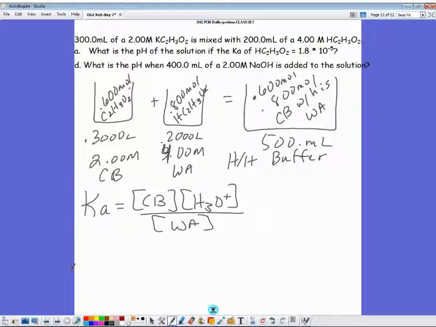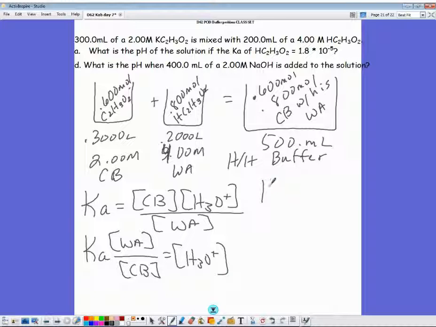Is that the Ka expression for any weak acid dissociating in water? It is. And if I rearrange it, I end up getting Ka times weak acid over conjugate base equals my H plus. That is called the HH. And we're always going to use that when we have a buffer. It's nice and simple and easy because I only really have to have the moles, and I'll show you why.